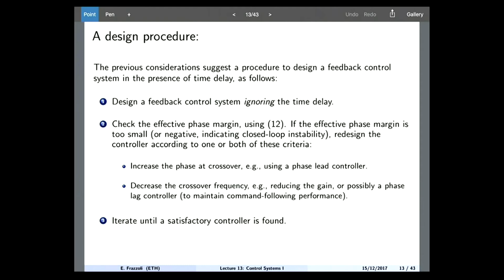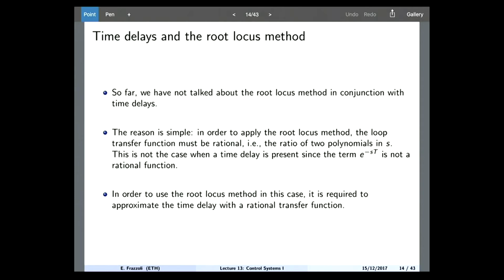So you've been doing this since you were probably 6 years old, right? But you didn't realize that you're essentially designing a low gain control strategy to cope with the time delay, okay? Okay, and then, you iterate as needed to get the desired behavior, okay?